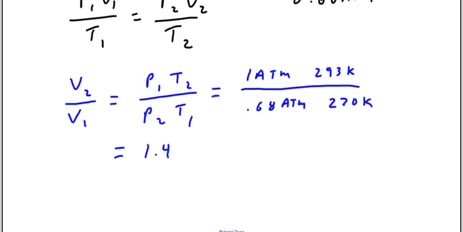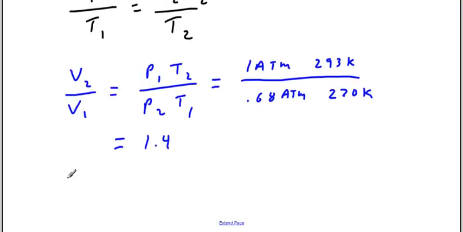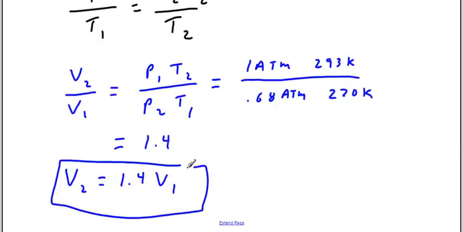So I'm going to say that V2 is going to be 1.4 V1. So that's how they compare. All right. Now we're going to look at something. That problem was way too easy. Number 50. I'm going to have to find more difficult problems than that, I guess.